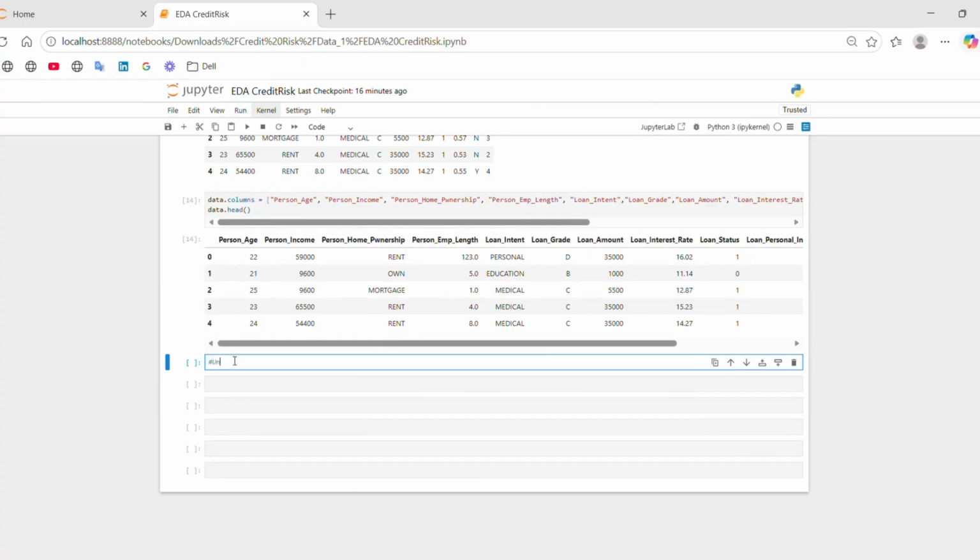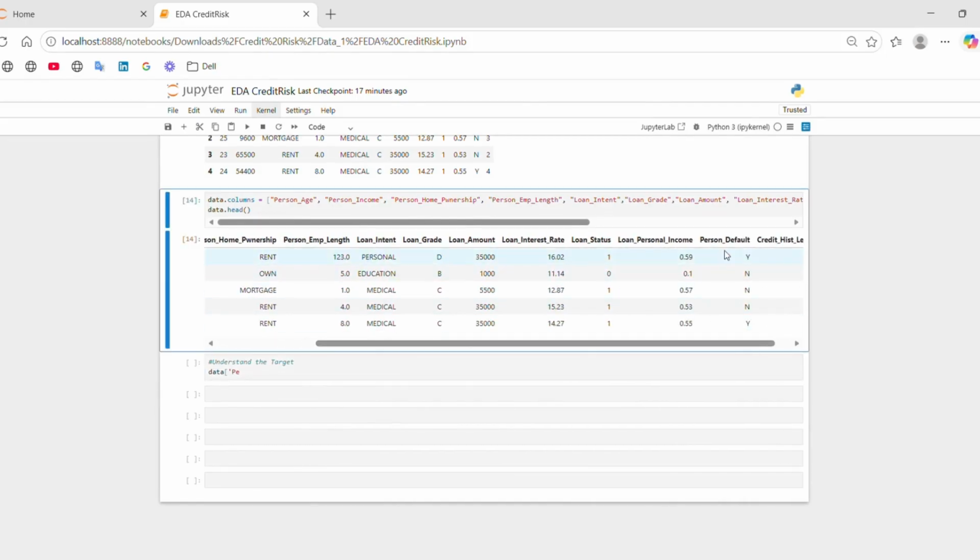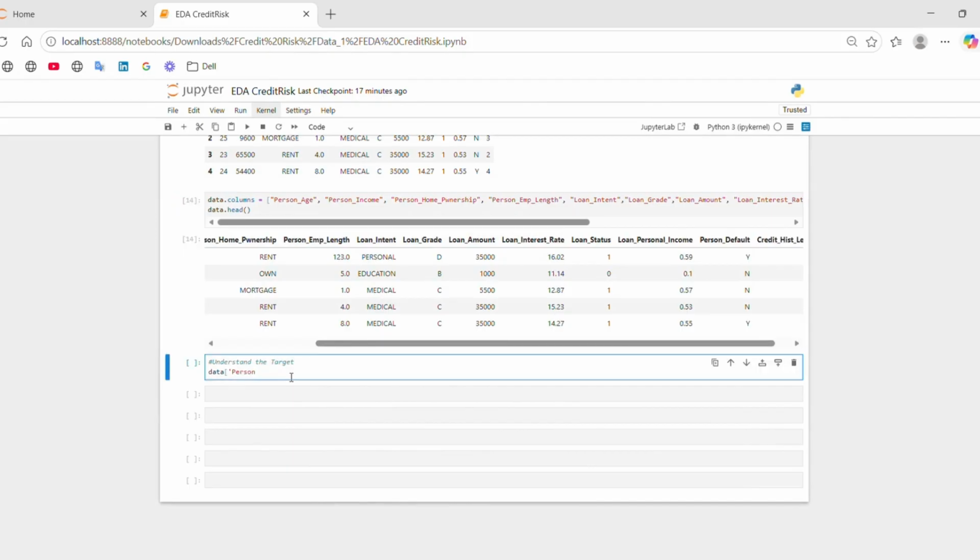So now let's see what exactly is the target variable. Let's understand the target. For that, we'll see the column called person default, whether the person defaults or not, and this is exactly our target variable. To see its status, we will do value counts.